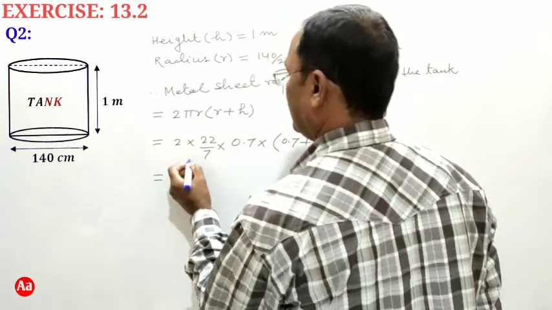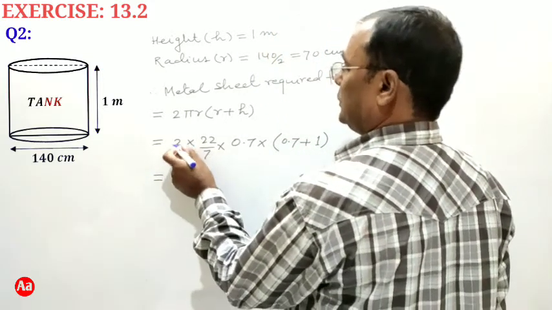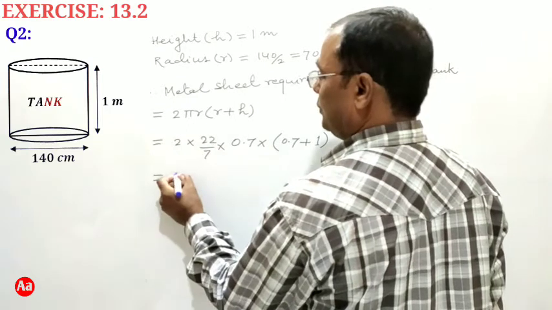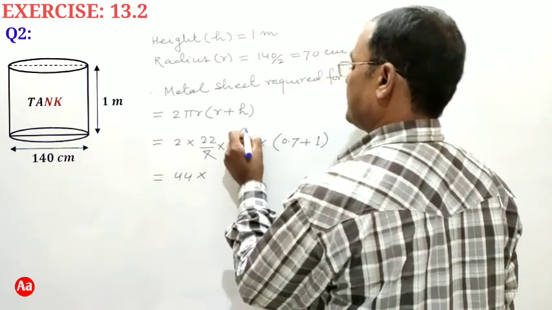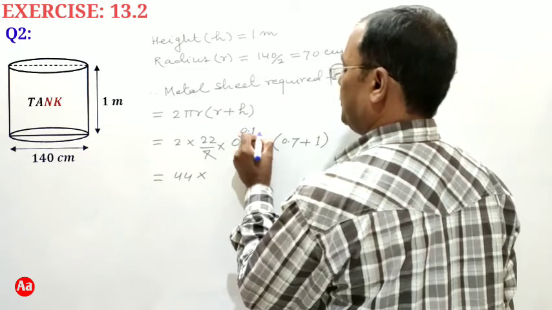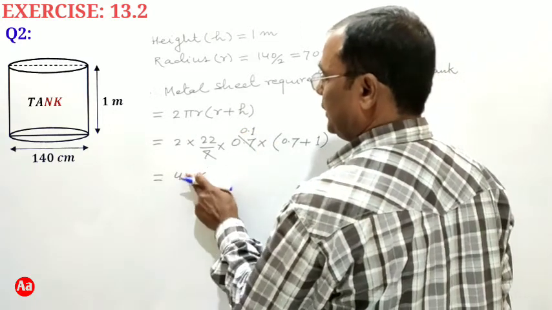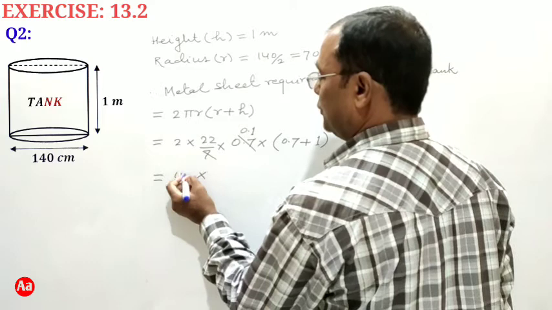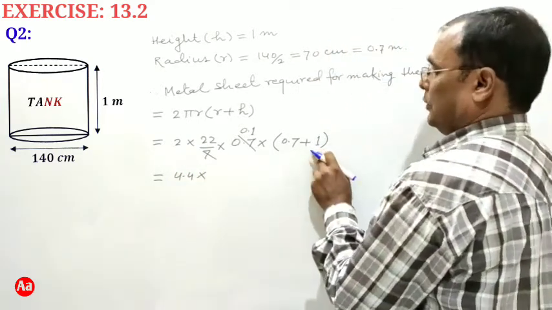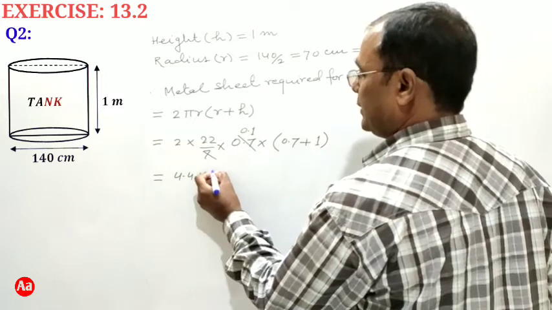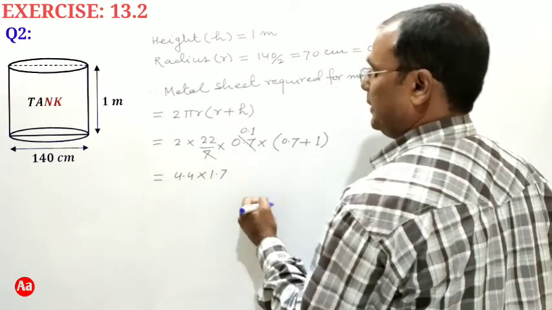So this is equal to 2 into 22, it is 44, 7 1s are 7, 0.1. So it will be directly, we can write 4.4 into 1 plus 0.7, this is 1.7.